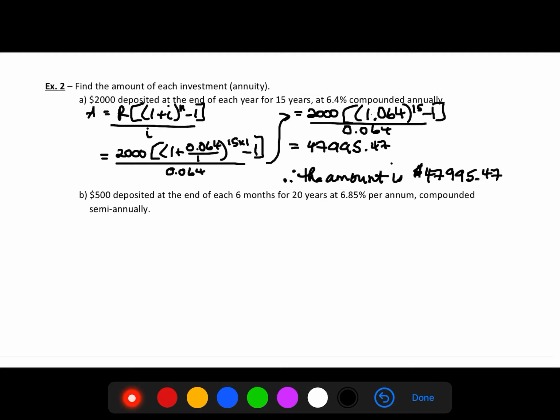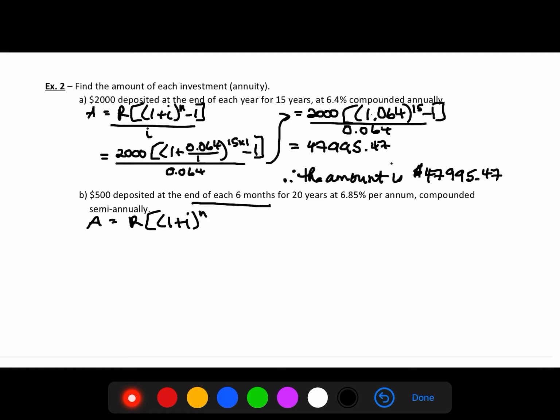So the amount, with our dollar signs and our 2 decimal places for dollars and cents, is $47,995.47.